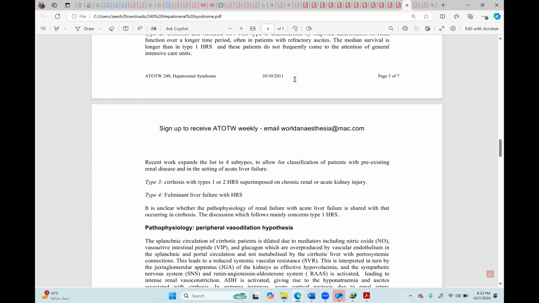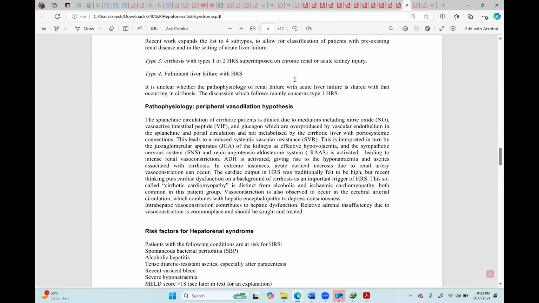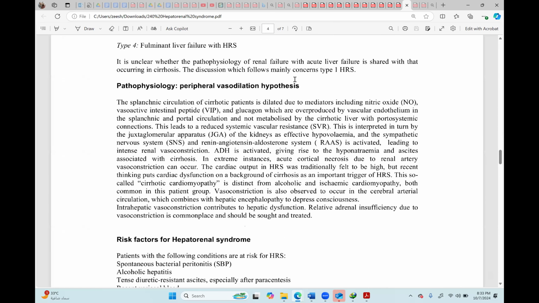This is too much, so for pathophysiology we will just have a look. The splanchnic circulation of the cirrhotic liver is dilated due to too many vasodilators, which are overproduced by vascular endothelium in the splanchnic and portal circulation and not metabolized by the cirrhotic liver, with portal systemic connections. This leads to reduced SVR.